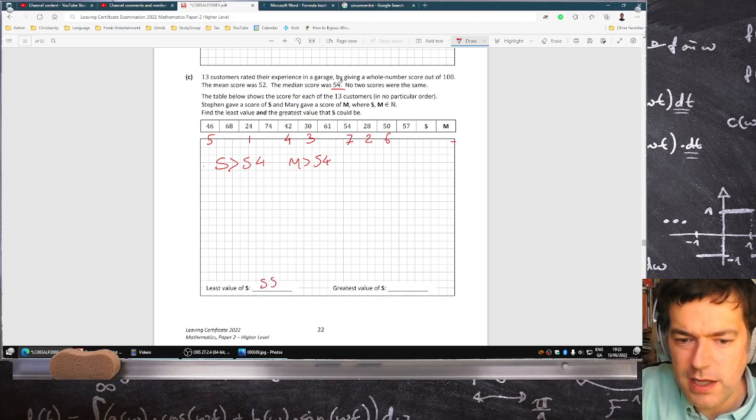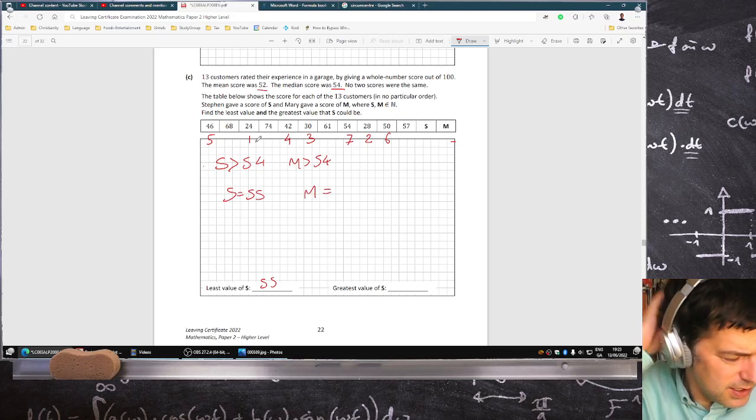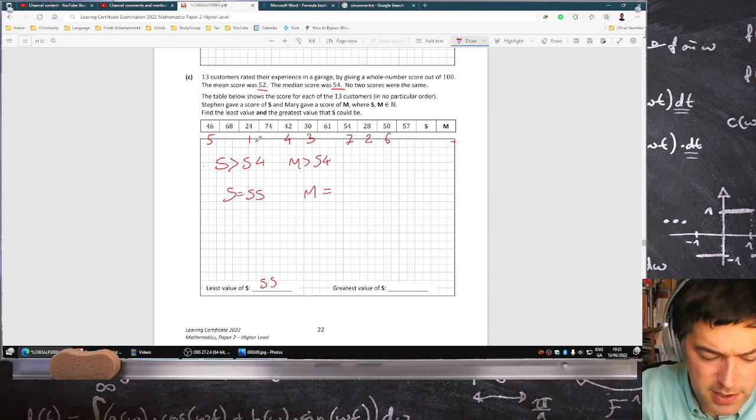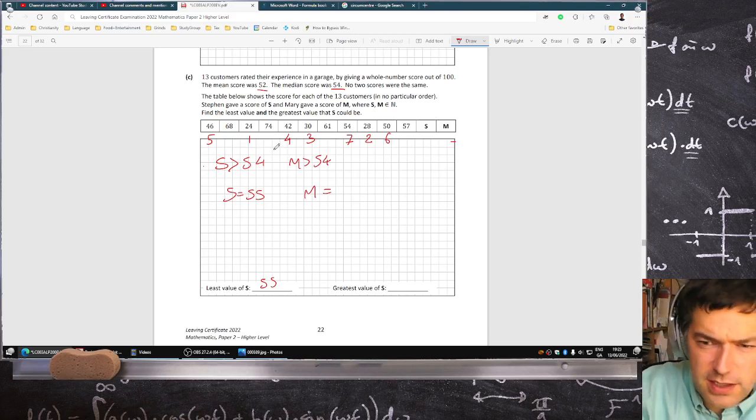But remember, if the S is 55, we could work out what the M is because the mean has to be 52. So when I calculated this earlier, if you add up all the numbers, 46 plus 68 plus 24 plus 74 plus 42 plus 30 plus 61 plus 54 plus 28 plus 50 plus 57, you get here 534.